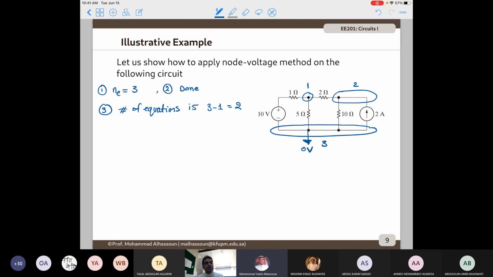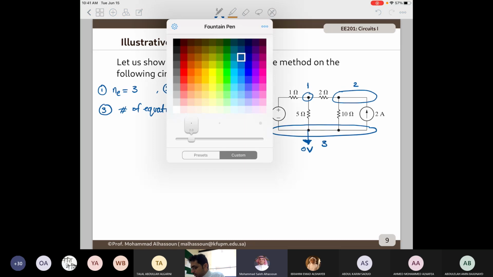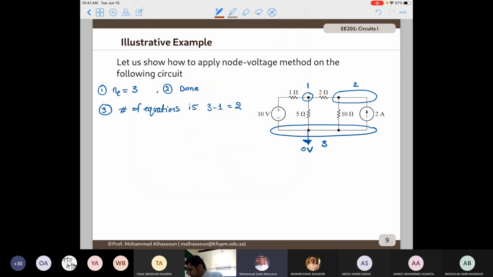So I only need to solve 2 equations in 2 unknowns. These are the voltage at node 1, let me call it V1, and the voltage at node 2, V2.